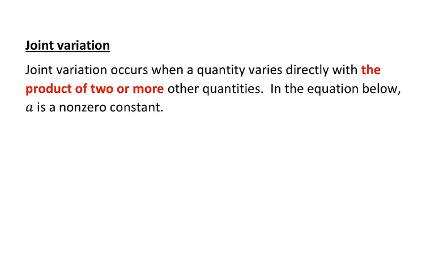All right. So joint variation. We learned direct and inverse, and now we have joint variation, and it occurs when a quantity varies directly with a product of two or more other quantities. In the equation below, what equation do you have there? Let's see what we have.